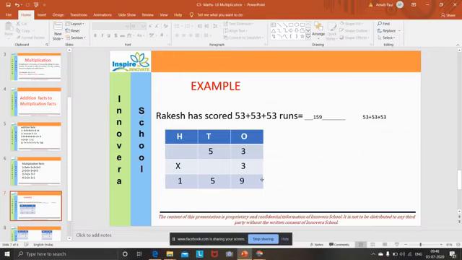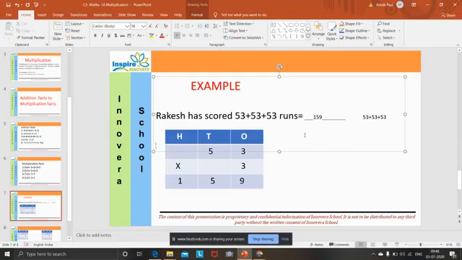So in this case 159 is the product, and 53 and 3 are factors.